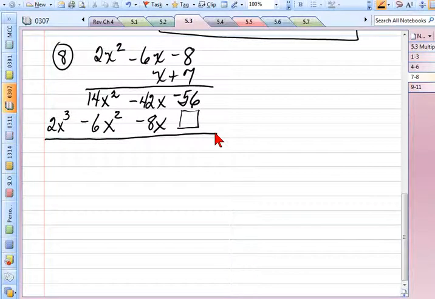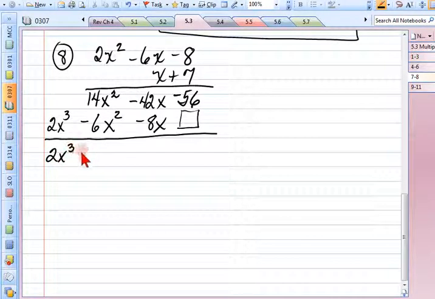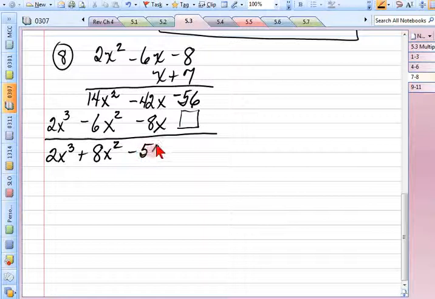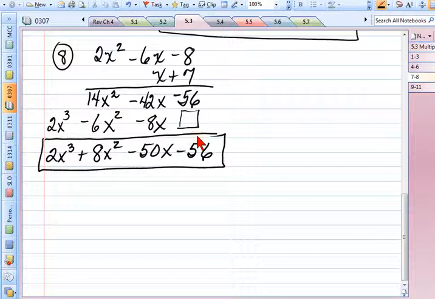You've got that nice setup of like terms lined up under each other. So I have 2x cubed plus 8x squared minus 50x minus 56. Can you do it like that every time? Certainly, yes. And it may appeal to you.